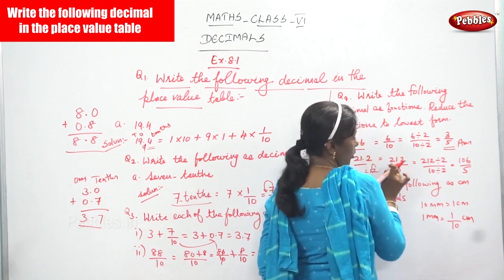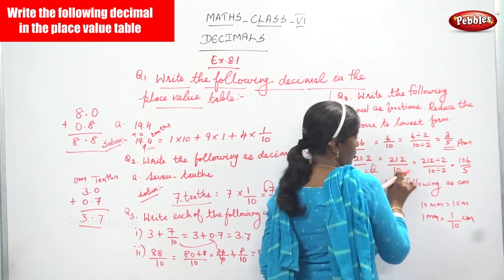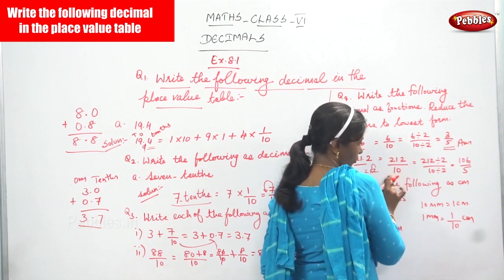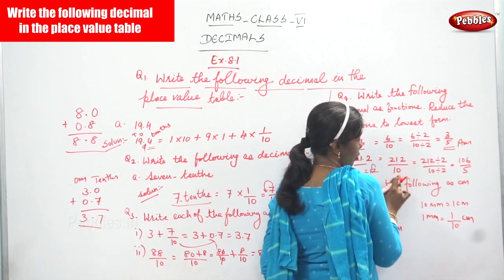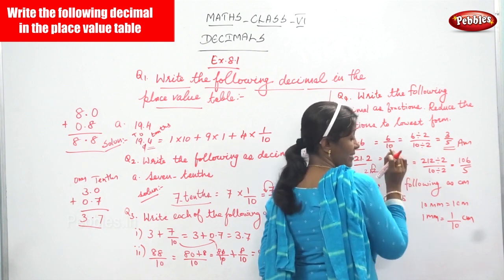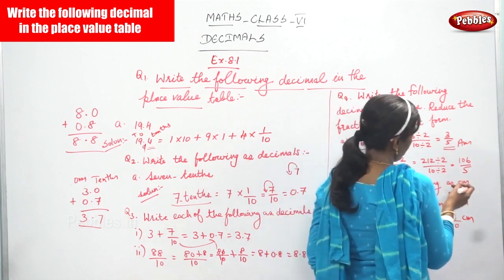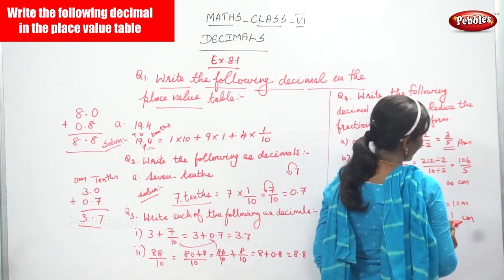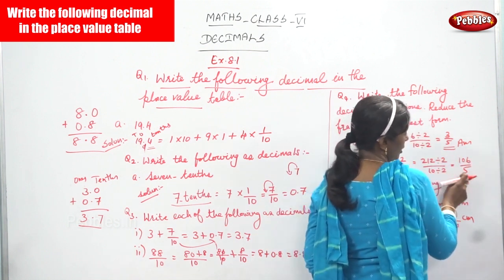So 21.2 comes. So first you write it in fraction form: 212 divided by 10, it's an improper fraction, this is the numerator and this is the denominator. The numerator and the denominator are divided by the same simple number. I've taken 2. So 212 divided by 2 you get 106, and 10 divided by 2, you get what?